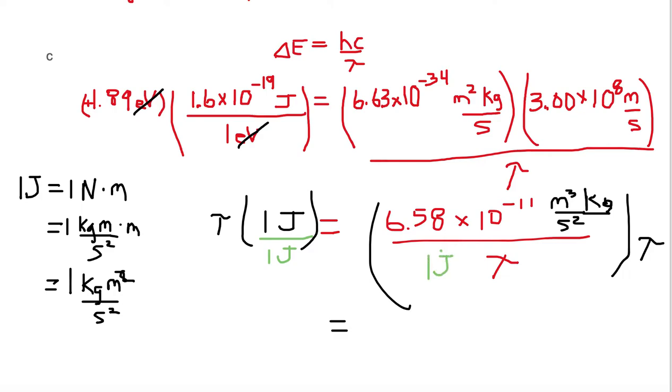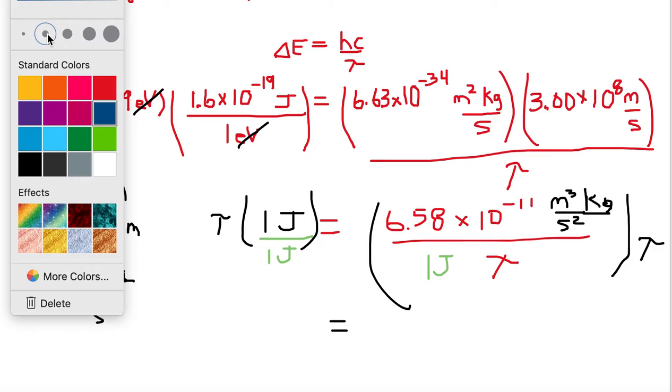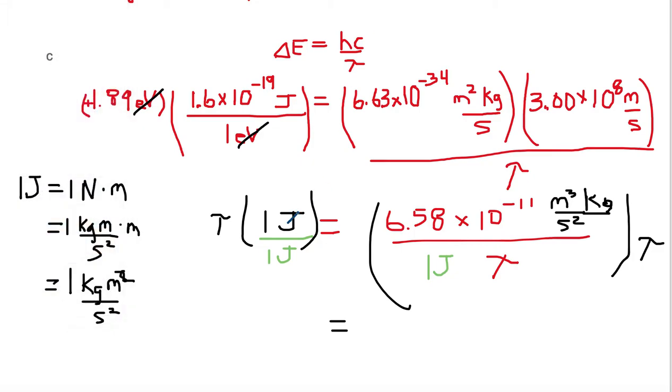So now we can cancel. Joule cancels with joule, and 1 cancels with 1. So we're left with just the wavelength on the left-hand side, and wavelength crosses out on this right-hand side.